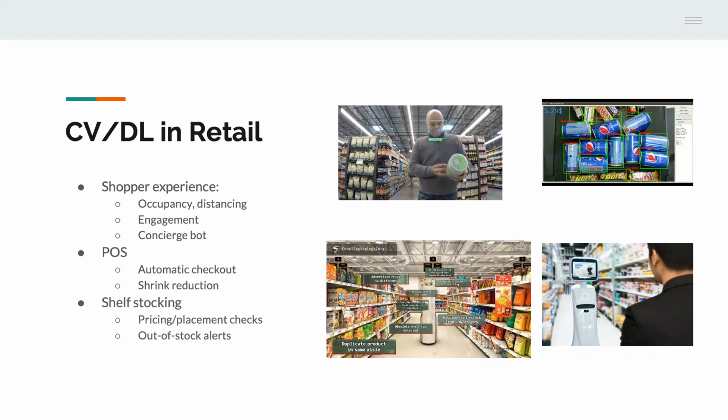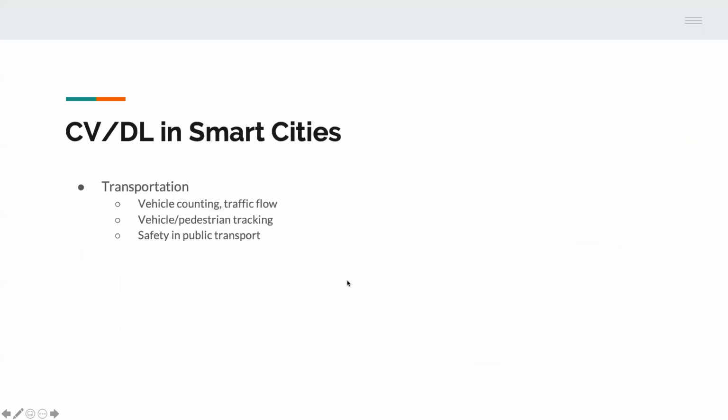That's a big one. Traditionally, a human checking the stocking level would check it all out, but arguably that could all be done by computer vision and AI as well. So those are some of the application examples in the retail space.